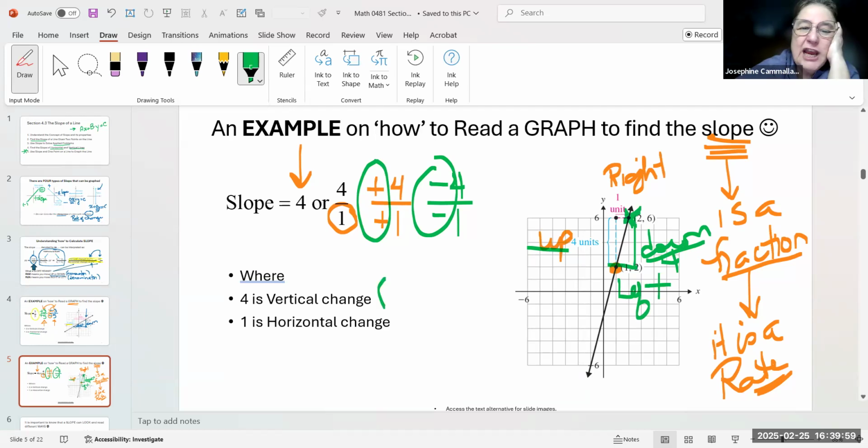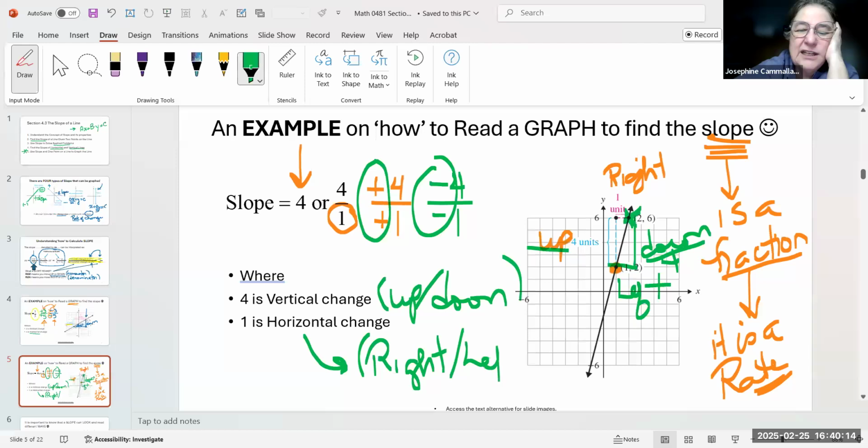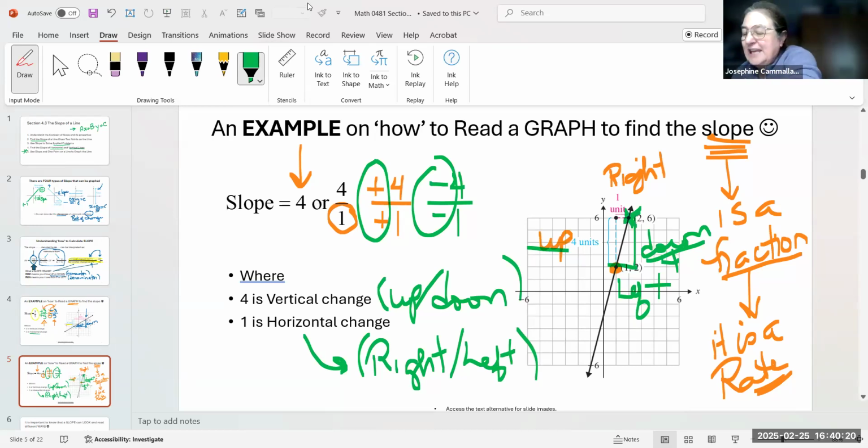So my vertical change is my up-down number. My horizontal change is my right-left number. I've got to keep that in mind. That is what slope means.